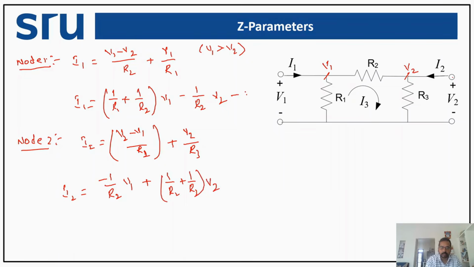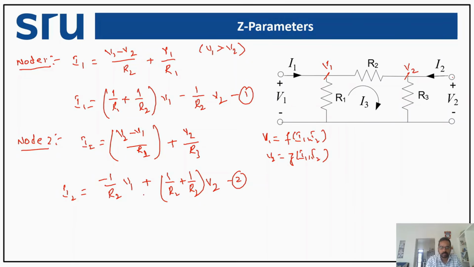So this is our first equation and this is our second equation. But these equations are in the form of I1 as a function of V1 and V2, and I2 as a function of V1 and V2. But what we require is V1 as a function of I1 and I2, and V2 also as a function of I1 and I2. So we require it in this particular way. So in equation 1, V2 is extra and I2 is absent.